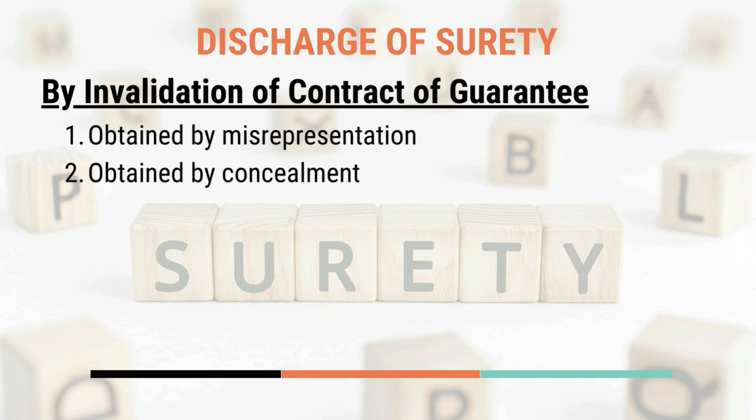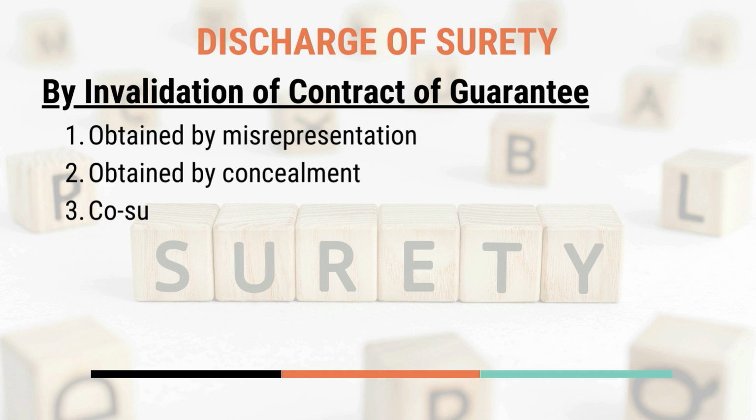In that case, material, relevant information is not righteously transparent. So when those facts are hidden from the surety and the surety comes to know after creating the contract, he can immediately withdraw, and it will be concluded that the contract of surety is very much discharged.